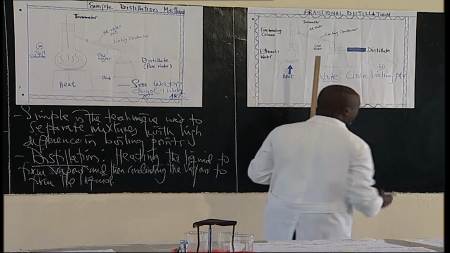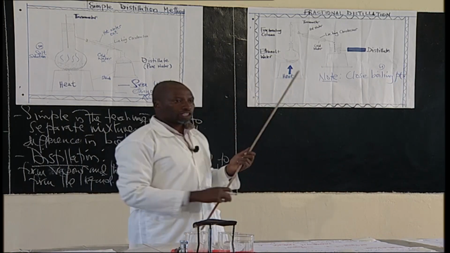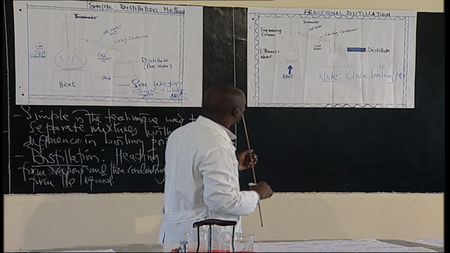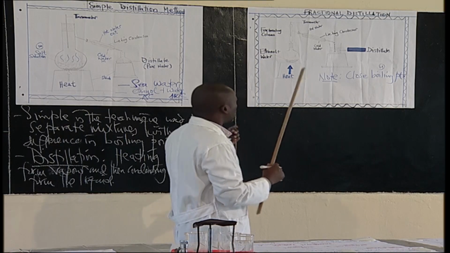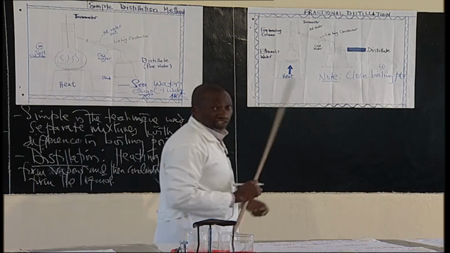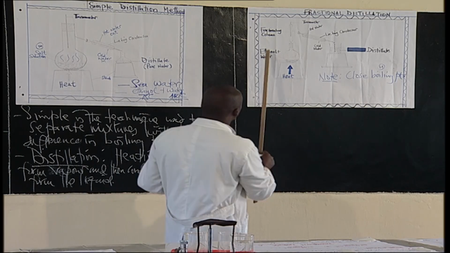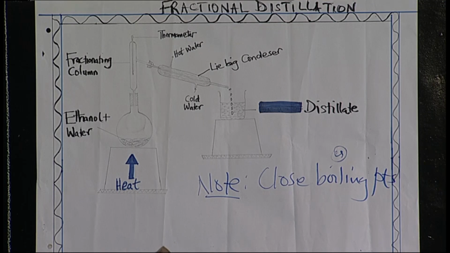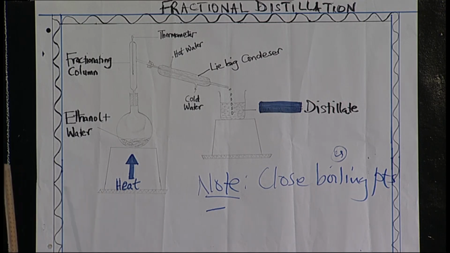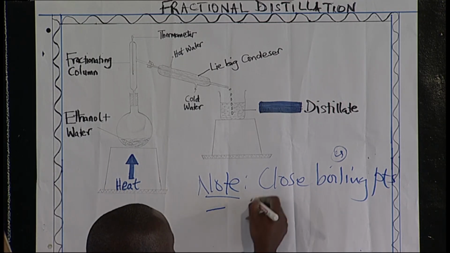Ethanol would not be the best example here, because even simple distillation can work on ethanol, and fractional distillation can also work. Here we have the fractionating column. This method works best when you have substances like the components of air.